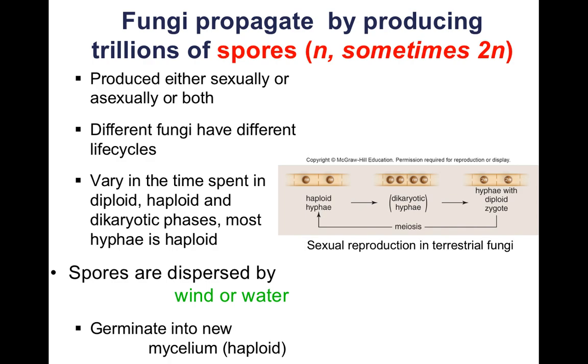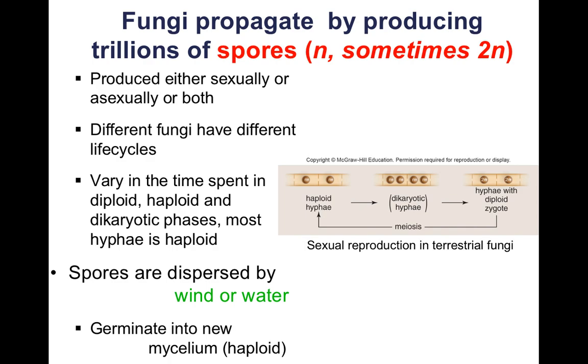And then what happens is these dikaryotic hyphae can persist for a long time. They can grow for years and years and years. And then at some point, these nuclei will fuse together. So you'll have a fusion of the two nuclei to form a diploid zygote.